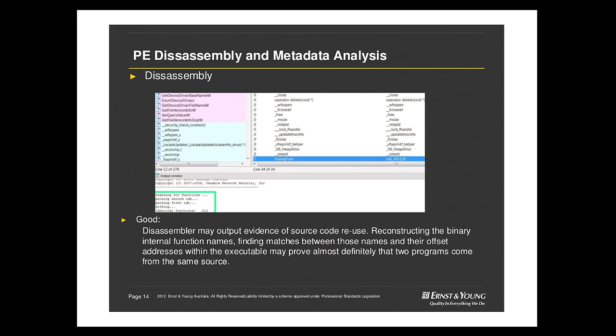But let's talk about more advanced features of disassemblers. They can help you detect evidence of source code that has been reused, because you can reconstruct the binary's internal functions. Functions are always functions. So if you are relying on, say, the zlib compression library, you will have to use the functions compress and uncompress and use the external DLL library, an external file that contains those functions.